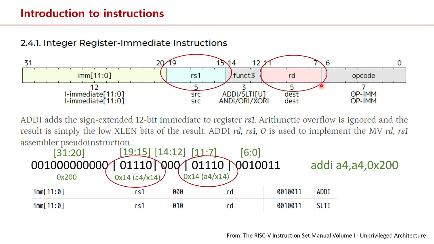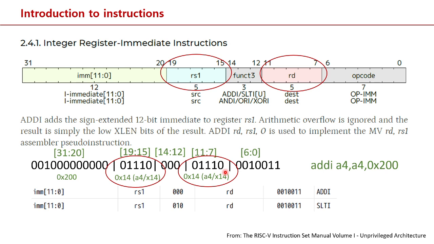Another important thing we have to interpret is to identify the destination register and the first source register. For this, we need to look at bits 7 to 11 inside this value. Please take a look at this. Bits 7 to 11 have 0, 1, 1, 1, 0.